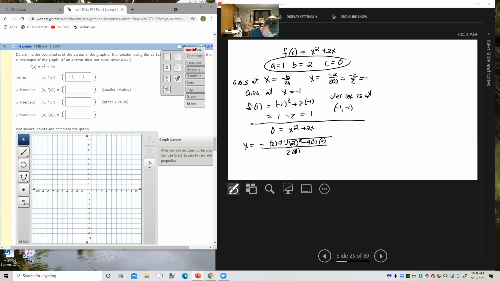X equals -2 plus or minus the square root of 4 minus 0 all over 2. X equals -2 plus or minus the square root of 4, because 4 minus 0 is still 4, all over 2. X equals -2 plus or minus 2, all over 2.